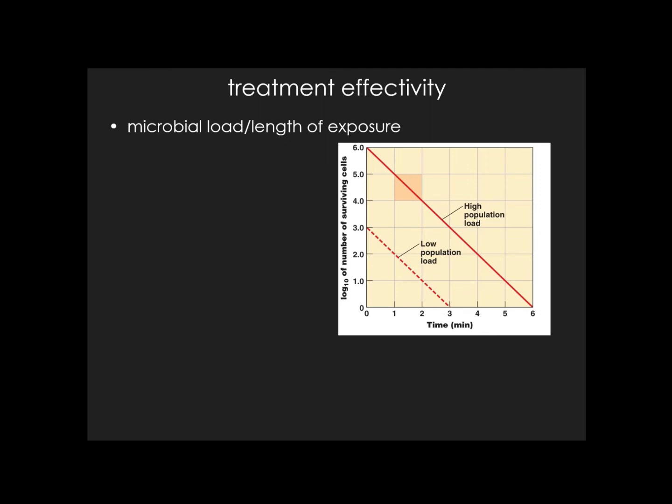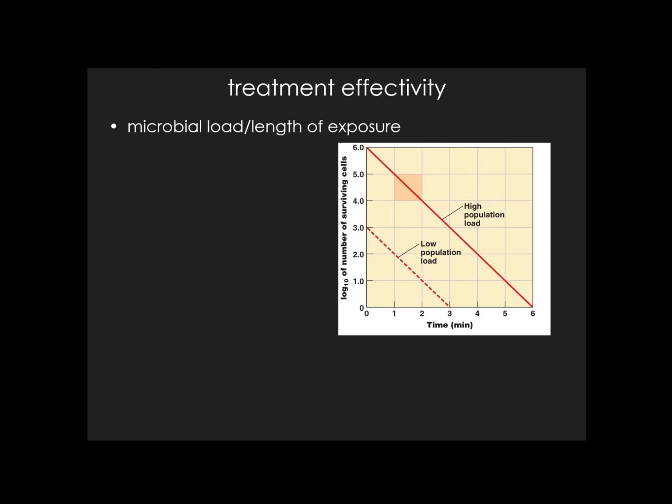So you have to have enough time for all of the microorganisms to be exposed to your method of control. If you have broth that you're trying to heat enough to kill all of the microbes inside, you have to apply that heat for long enough that it actually penetrates and increases the temperature of the entire flask.